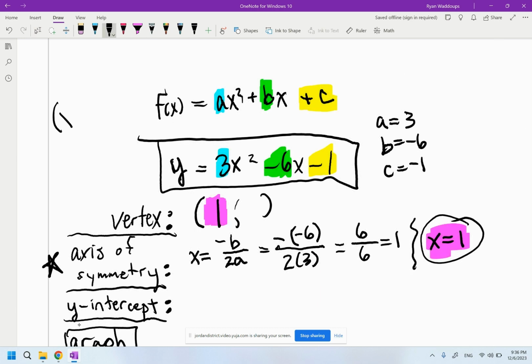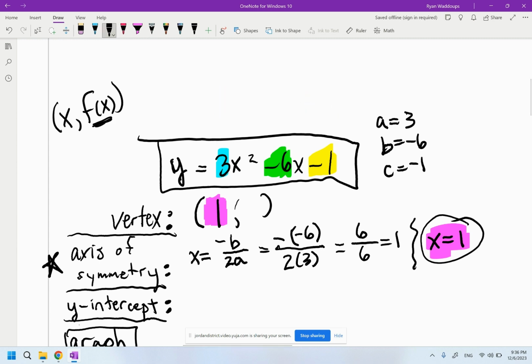An ordered pair of x, comma, f of x. Now we could put y there, but I kind of like calling it f of x because then I know what x is, I plug it in, and I find a value of y for that value of x. And so I go here, I know what 1 is. I'm going to erase this right here.